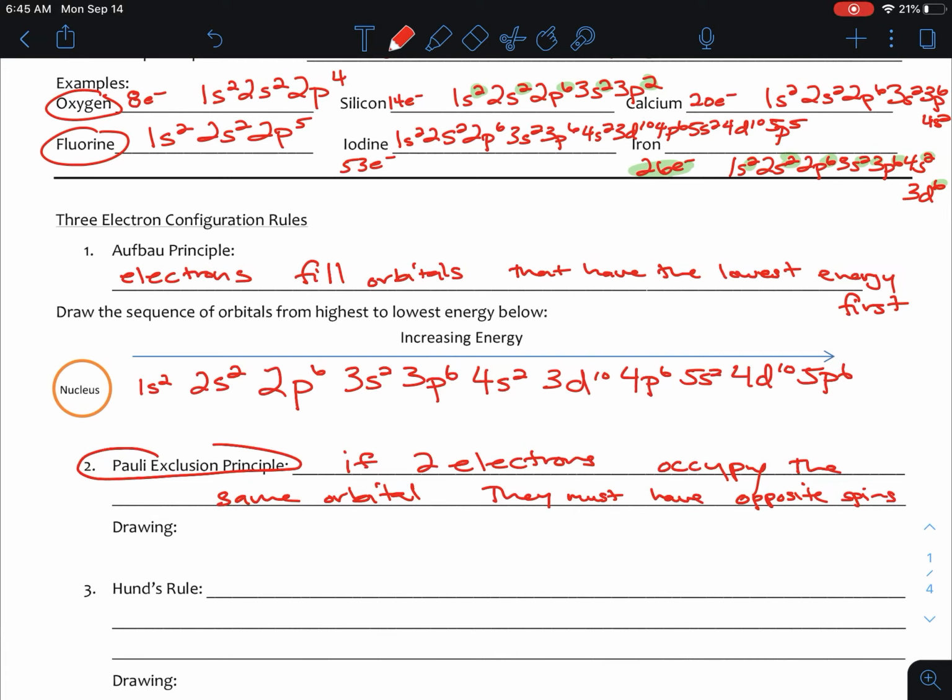So remember we said each orbital can hold 2 electrons, and then different sublevels have different numbers of electrons. But each orbital can hold 2 electrons.